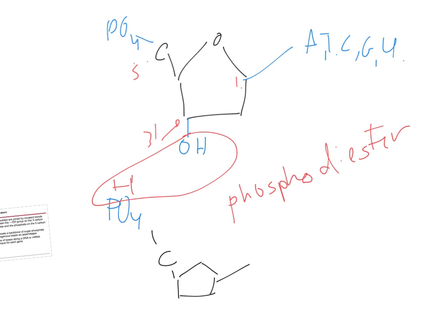Phosphodiester. Di refers to two ester bonds, like with the phosphate attached there. Phosphodiester bond. That's the link between sugars and phosphates, forming your sugar phosphate backbone.